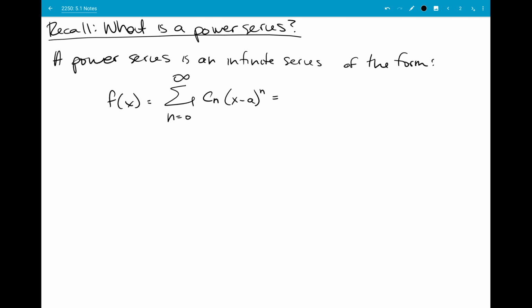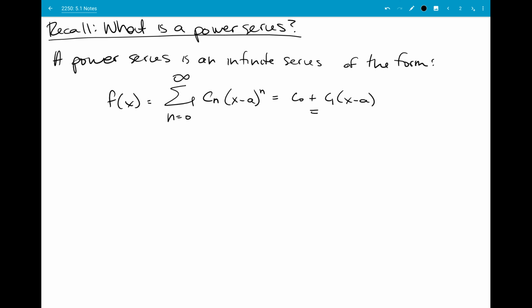And so what that looks like when you imagine plugging in from n equals 0 to some number, we would go on forever to infinity. When you plug in n equals 0, you'll get c0 times x minus a to the 0th power, so that's 1. So you just get c0. And then you'll get c1 times x minus a, because you'll get c1 times x minus a to the first power.